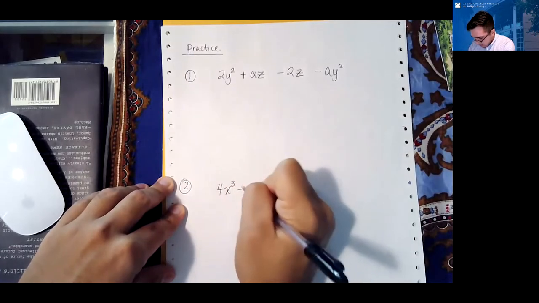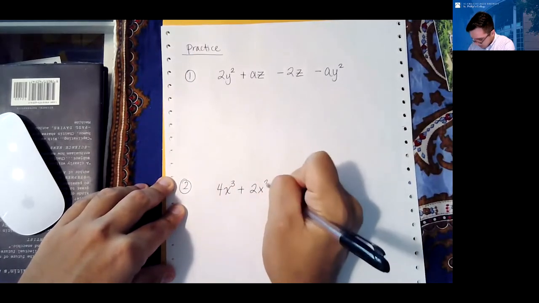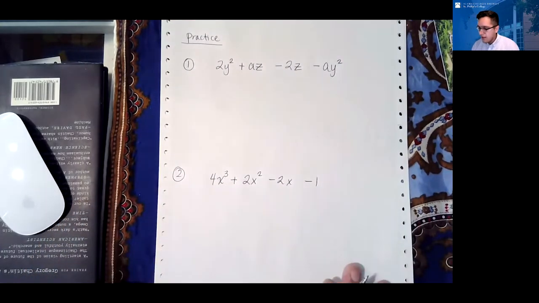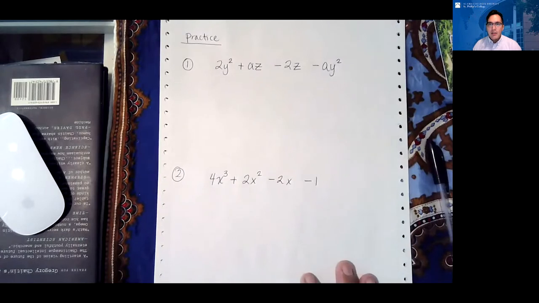X to the third plus 2x squared minus 2x minus 1. Okay, so take a moment, maybe 5 minutes, to use what we applied in the last problem to try to factor these two polynomials by grouping.